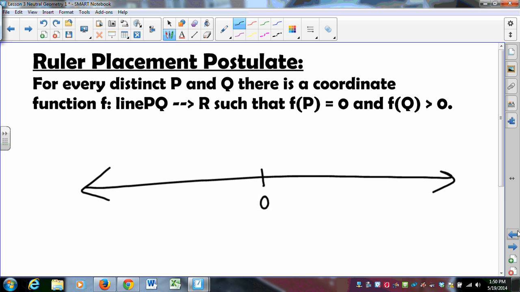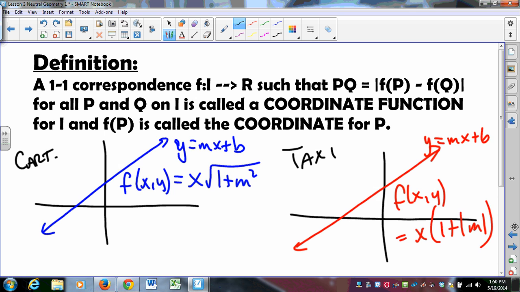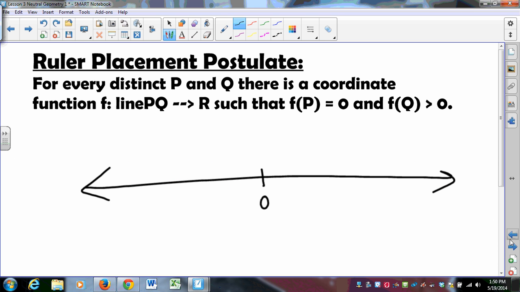So even if I use one of these weird metrics, if I want to apply it to this line, no big deal. I just subtract whatever to make the thing work so that this point P corresponds to 0.